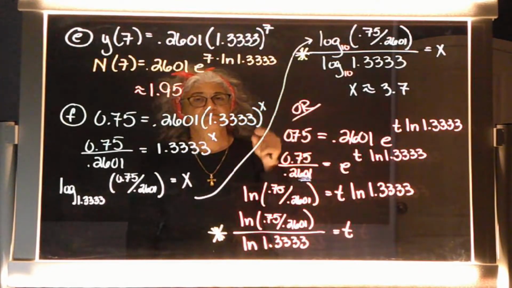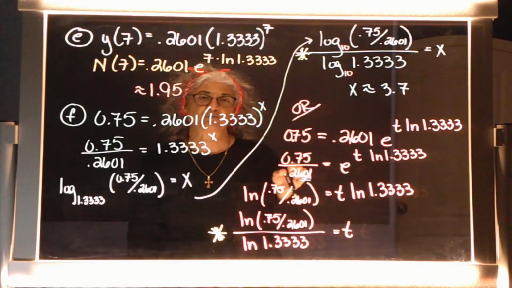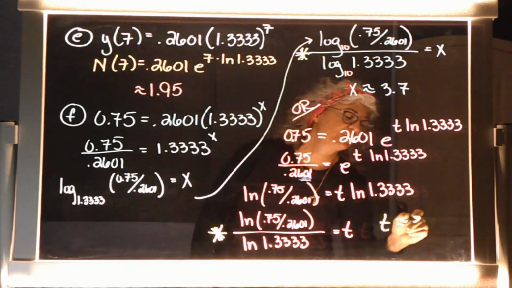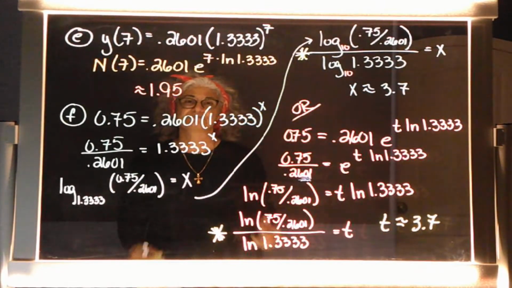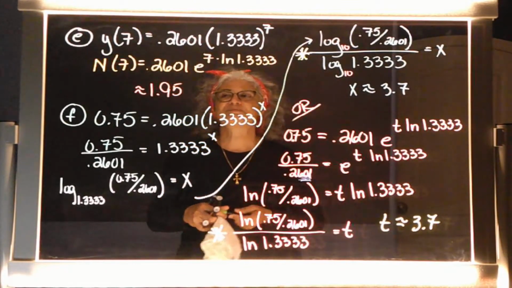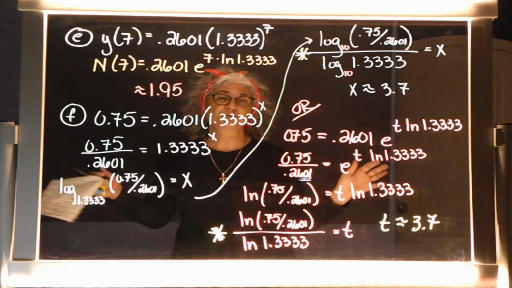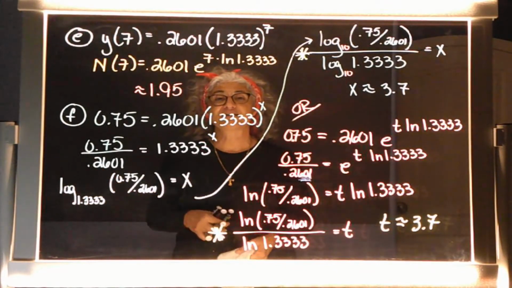But the change of base formula allows me to change it into any base I want, and I get the same answer. So believe it or not, you ended up right at the exact same place. Cool? Okay, so I showed you on both of them. Your choice which one you wanted to use. But now you see them on both. So hang in there.